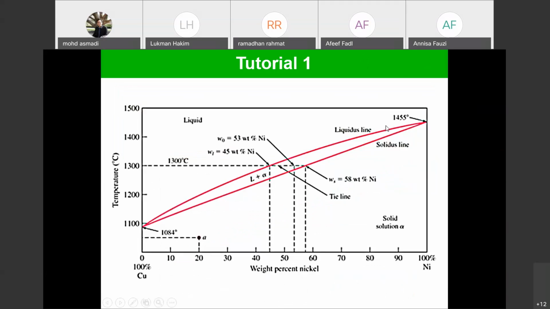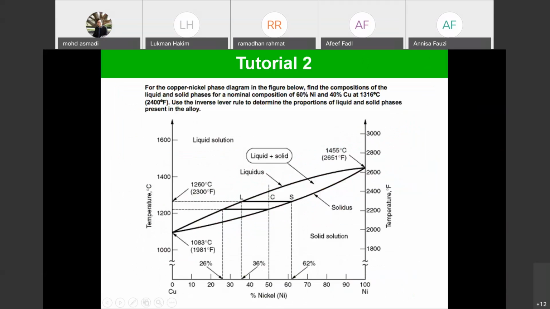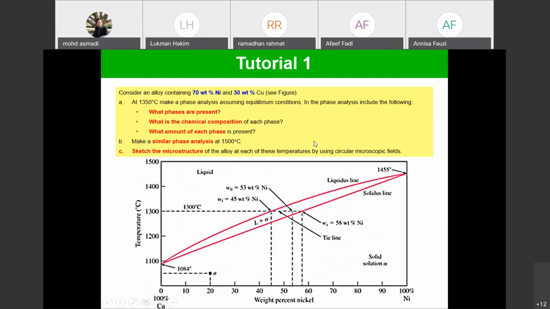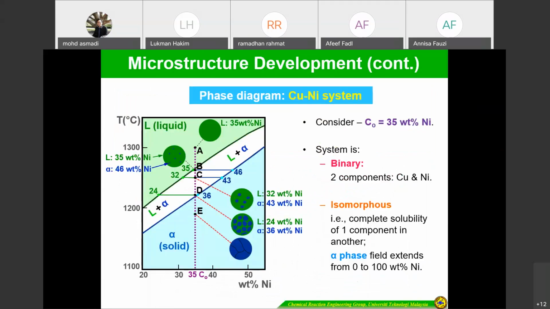This one is tutorial two, how to draw microstructure. Is there any reference for how to draw? We don't have any size or reference, just base it on your imagination.